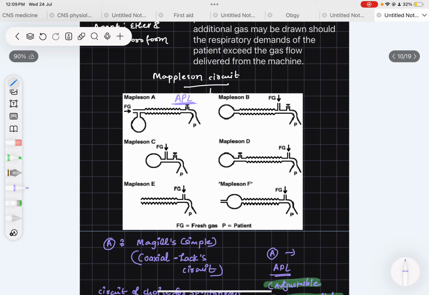Two things will be there: fresh gas flow and the adjustable pressure valve, which is present in all of these except the E and F types, which are mainly used for children and have no need of an adjustable pressure valve. So in A, B, C, D there will be an APL.